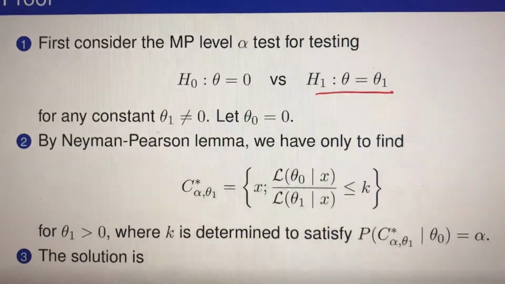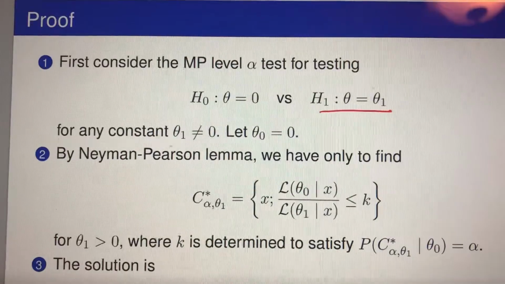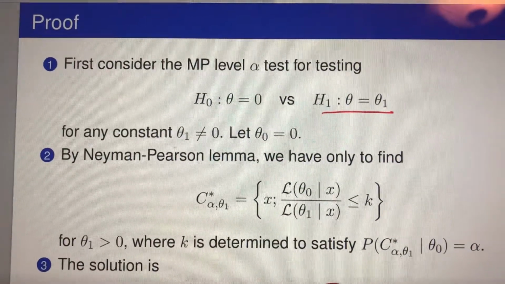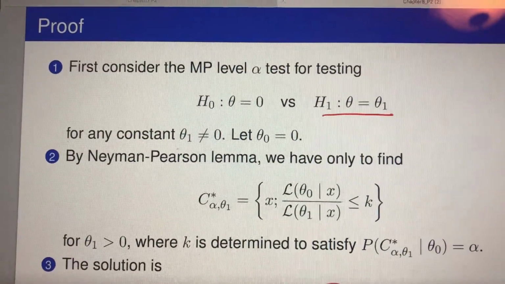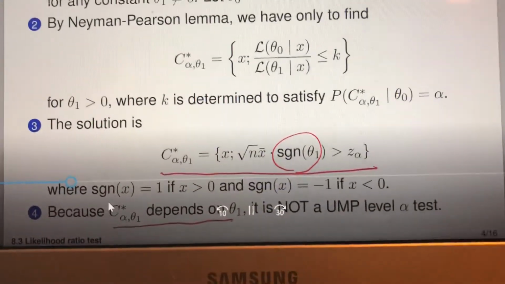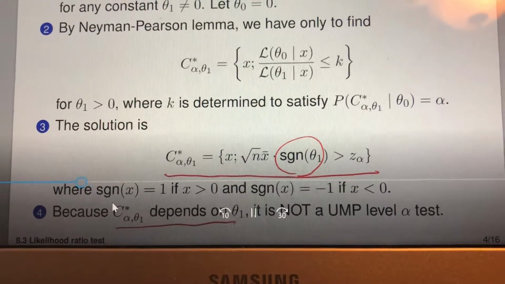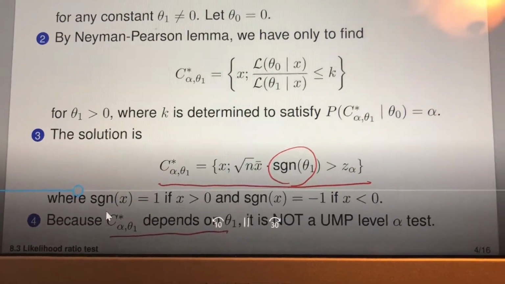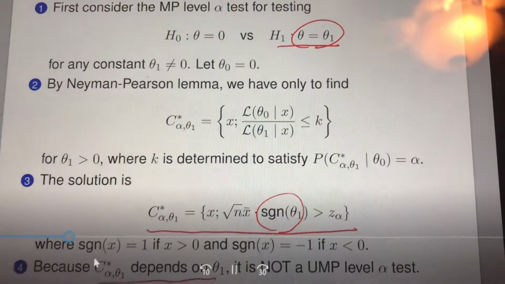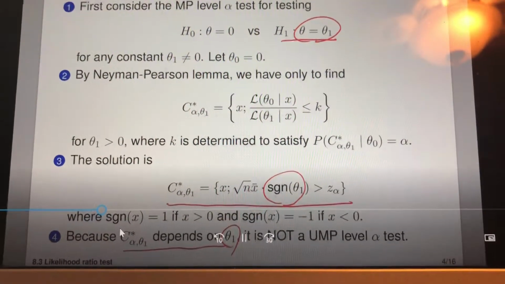That is the usual step, but it turns out that in our case, the critical region depends on theta 1. That is the main point. Because the critical region for the MP test for this particular theta 1 depends on theta 1, it's not a UMP test.